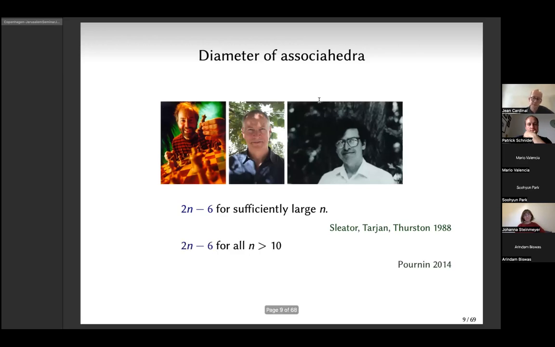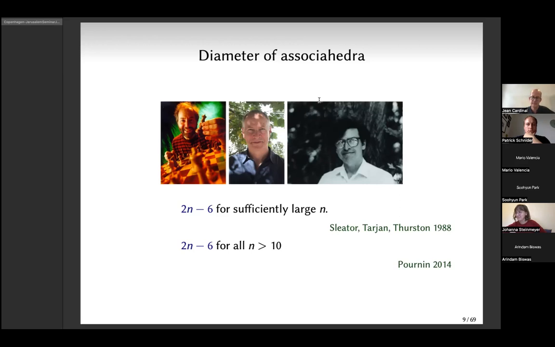And actually, this was done rather recently by Lionel Pournin, who's one of the co-authors in the current work, and he showed that it was true for all n at least 10, right? And then you have specific values for smaller values of n. And this is still quite a bit of work.